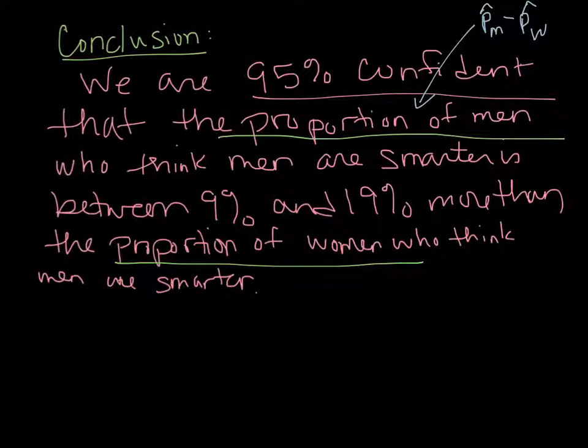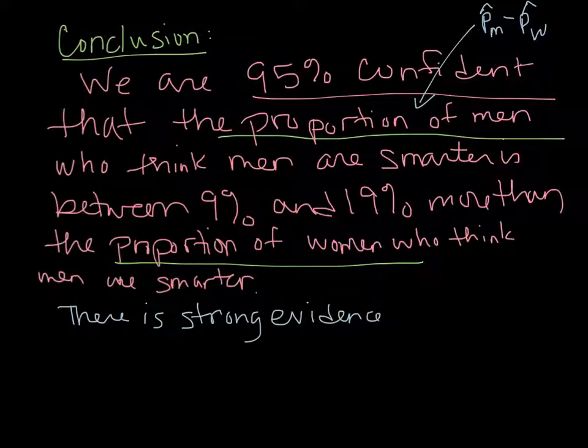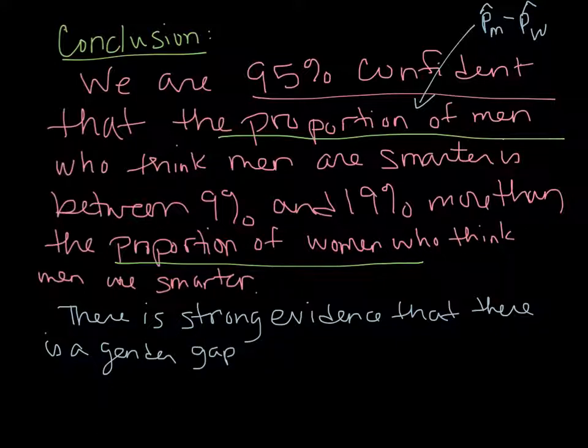So we are going to say there is strong evidence that there is a gap. And the reason that we know this is because 0 is not in our confidence interval.